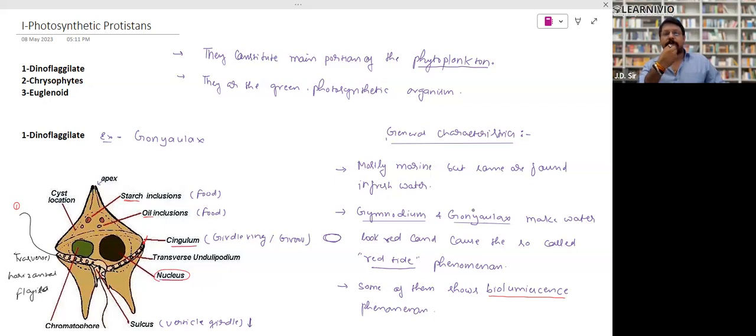Martin, go through with Vedika and Nabia, all of you. Yes, sir. Go through your NCERT or your textbook and let me know if you have doubt in Protista. Then we will start with the fungi.